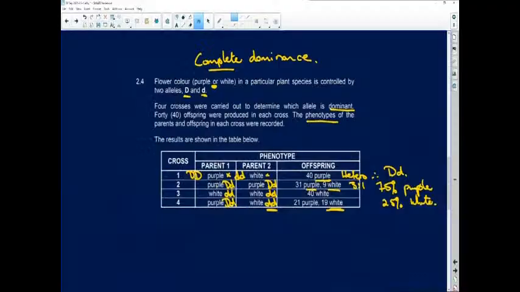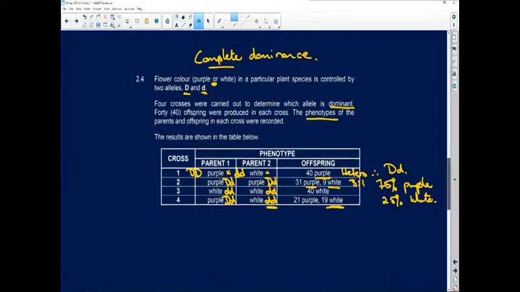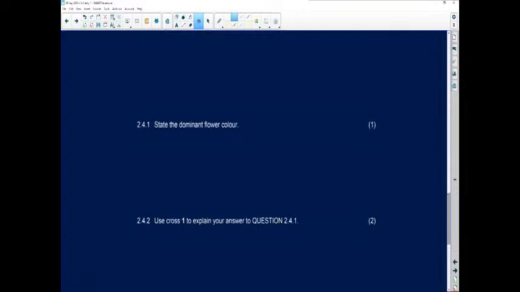But if it is a dominant allele, then when it is homozygous, well, clearly it will dominate. It is that color or that trait. And in the heterozygous state, the dominant characteristic or trait will come through. All right, so now that we've analyzed that, let's look at our question. State the dominant color, easy, purple.